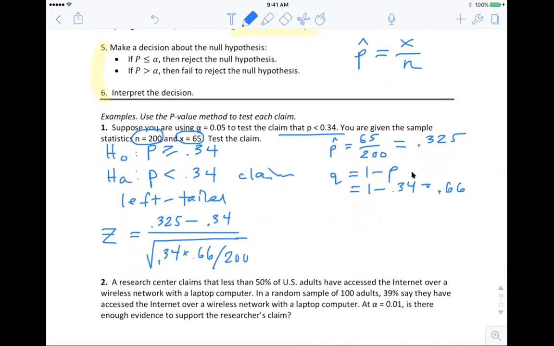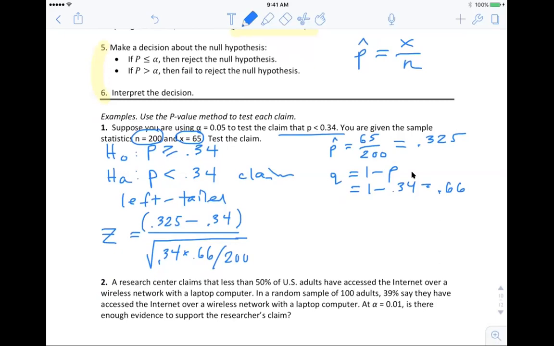Now I'm just going to do the calculation. When you do this calculation, you can put it all in your calculator at once. Maybe put parentheses around the top to get the order of operations correct. Okay, so if you want to practice and see what you get, and I'll see what I get, hopefully that'll match.